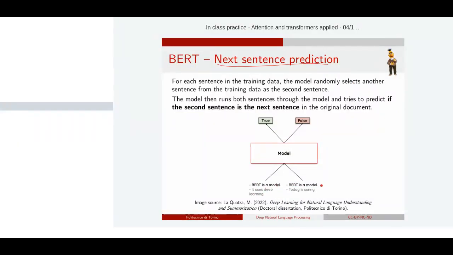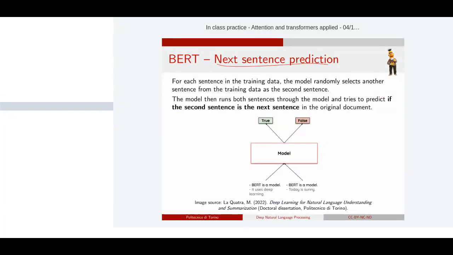Instead, the negative example is "BERT is a model" and a randomly sampled sequence from the corpus, like "Today is sunny," which is not related to the original sentence, so the model should predict false. The first is a positive example, and the model should predict true, and the second one is a negative example, and the model should predict false.